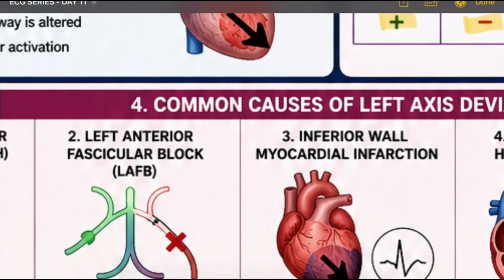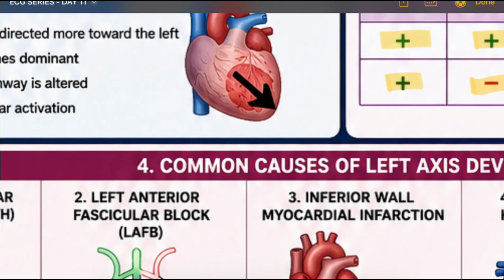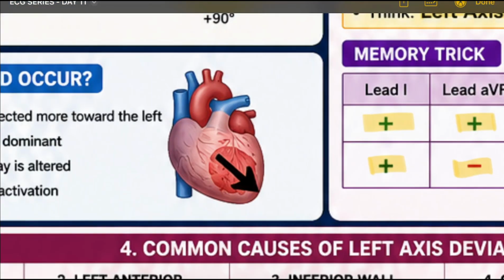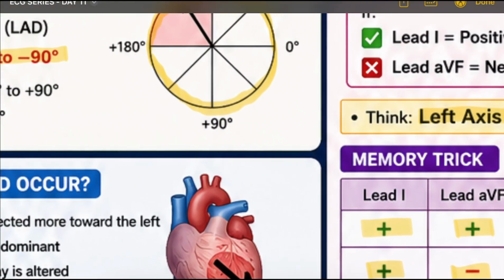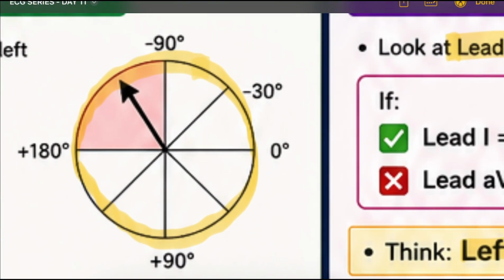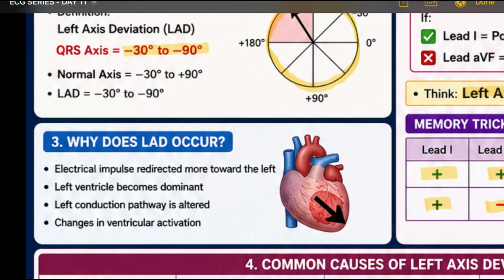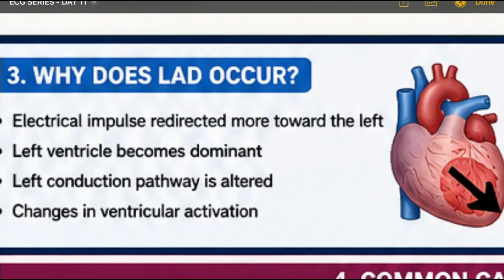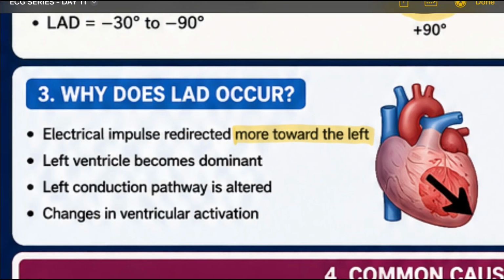Why does left axis deviation occur? The electrical impulse is redirected and moves more toward the left. That's why the patient will get left axis deviation.